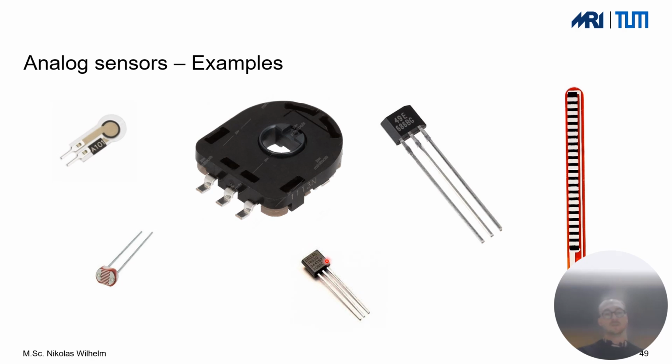Then here on the bottom a temperature sensor, a Hall sensor for measuring a magnetic field, and here on the right a FlexiForce sensor. And in all of these systems, the main idea is that we want to measure some kind of voltage change, because the environment will change the resistance of one of these sensors, and this will then in the end lead to a change in the voltage.